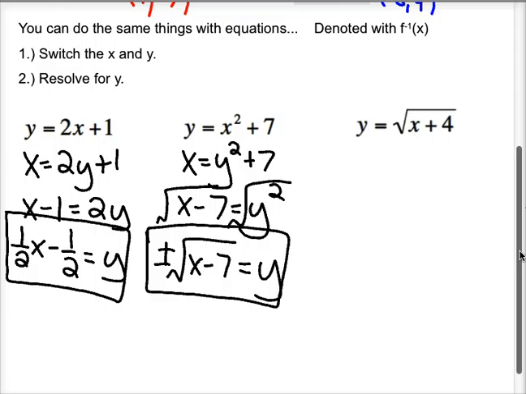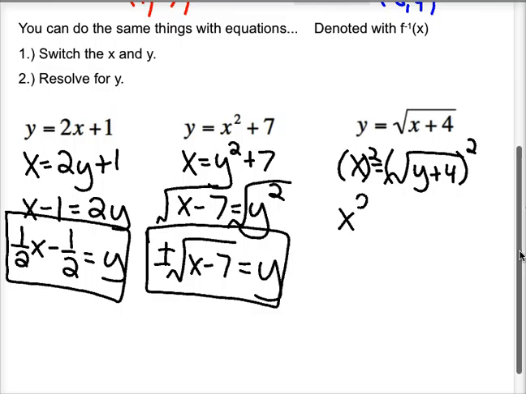All right, and for this one, again, switching x and y. Well, how do you undo a square root? Well, you square both sides. That gets rid of the square root. And now you subtract 4.